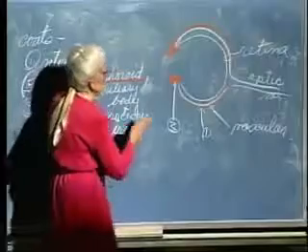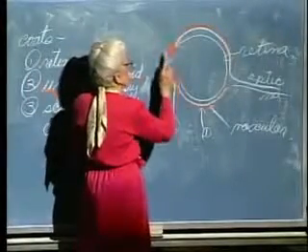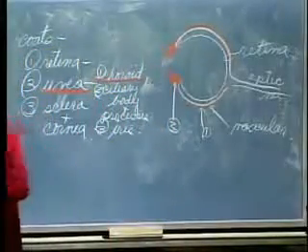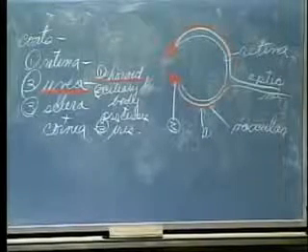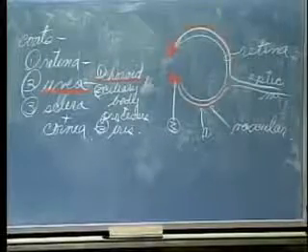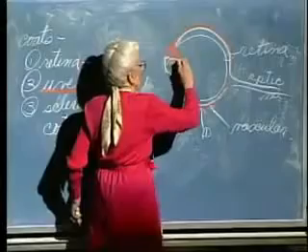And it has processes, little finger-like projections. And what are those little finger-like projections holding? What do we need here? Pardon? A lens, sure. So they're going to be holding the lens.